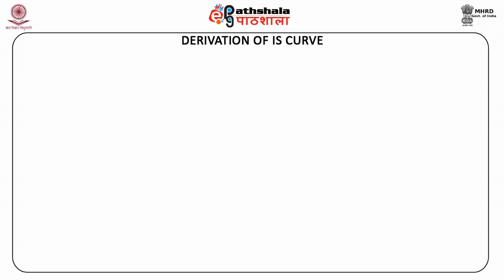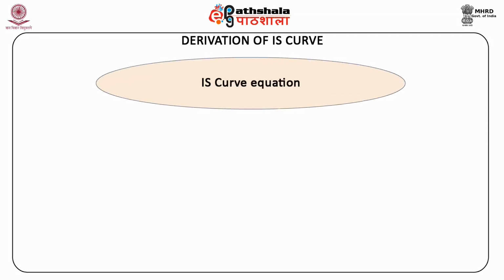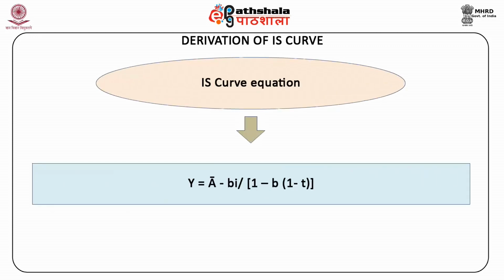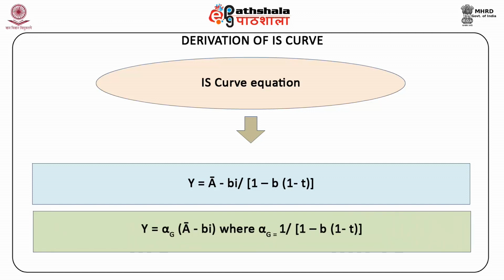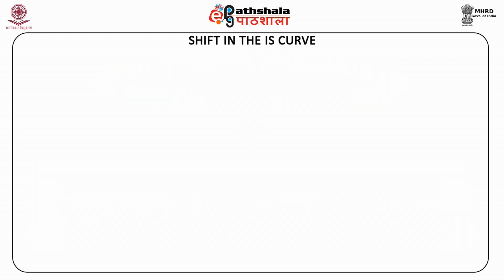This condition of goods market equilibrium can also be represented in the form of the IS curve equation: Y is equal to A bar minus Bi divided by 1 minus B into 1 minus T, or Y is equal to alpha G into A bar minus Bi, where alpha G is equal to 1 by 1 minus B into 1 minus T.